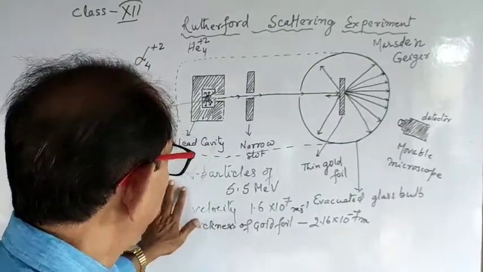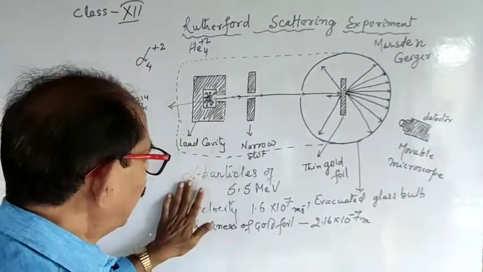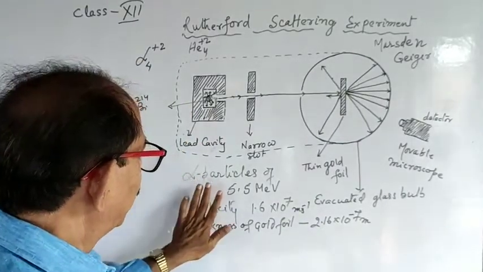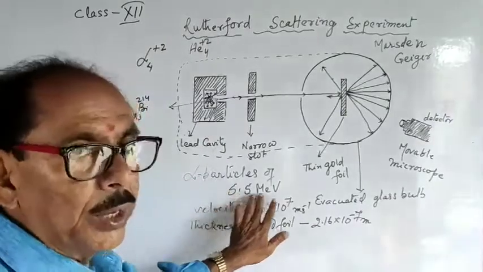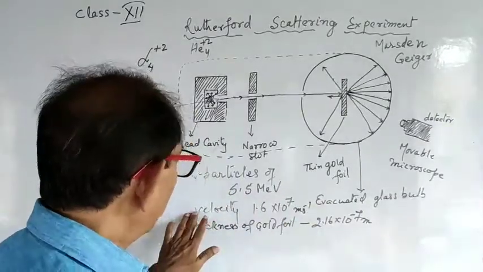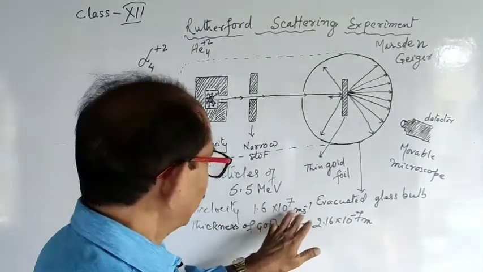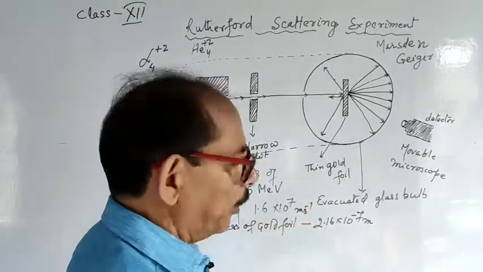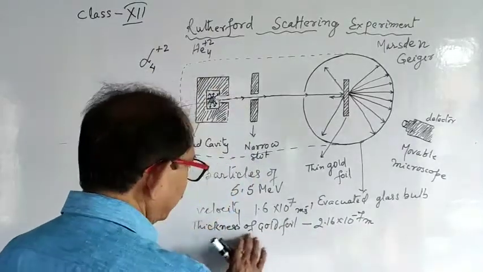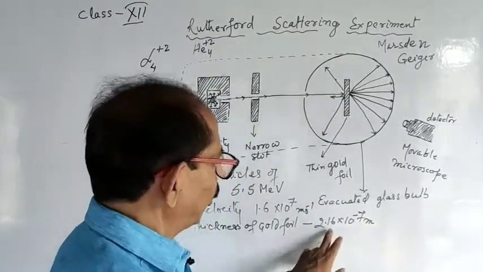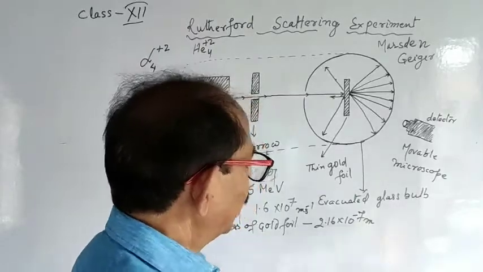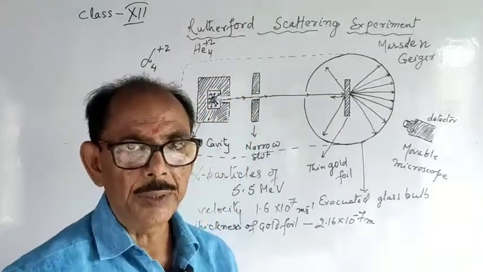Rutherford used alpha particles of energy 5.5 mega electron volt, and the velocity of these particles is 1.6 into 10 to the power 7 meter per second, and the thickness of the gold foil is nearly 2.16 into 10 to the power minus 7 meter.